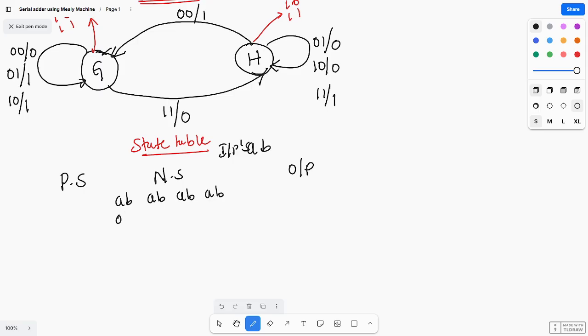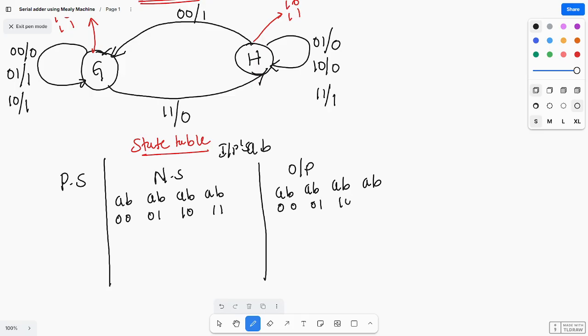Here I need to write 0, 0, 0, 1, 1, 0, 1, 1. Here also output: ab, ab, ab, and ab. So 0, 0, 0, 1, 1, 0, 1, 1. Okay. 1, 0, 1, 1.